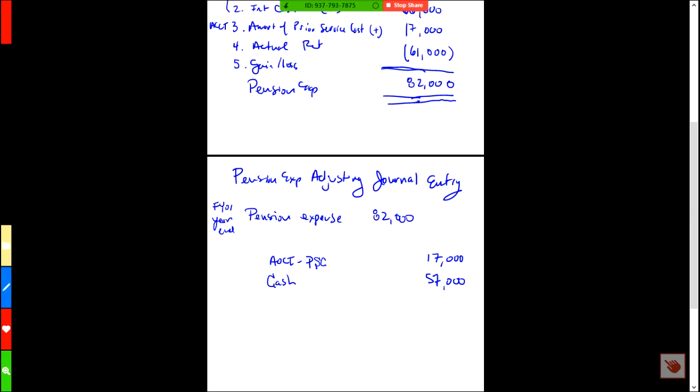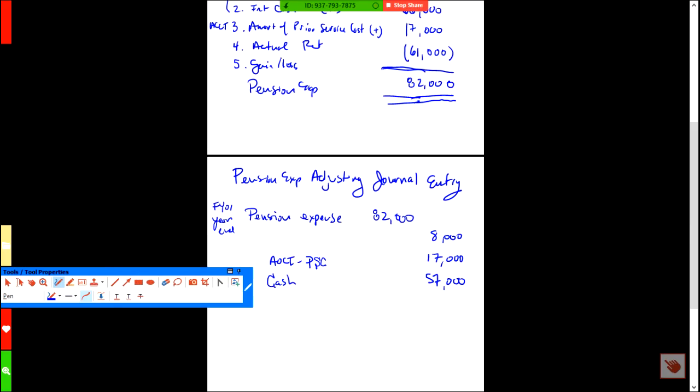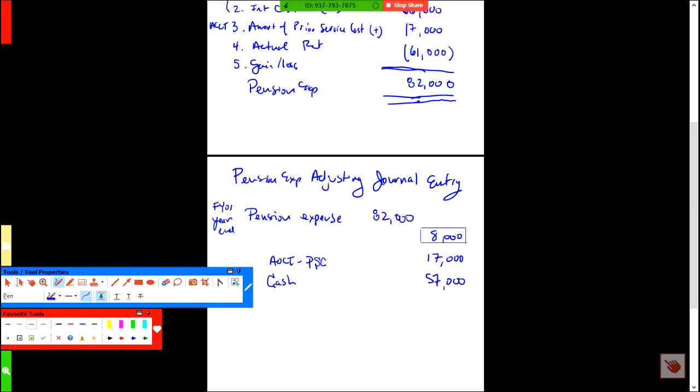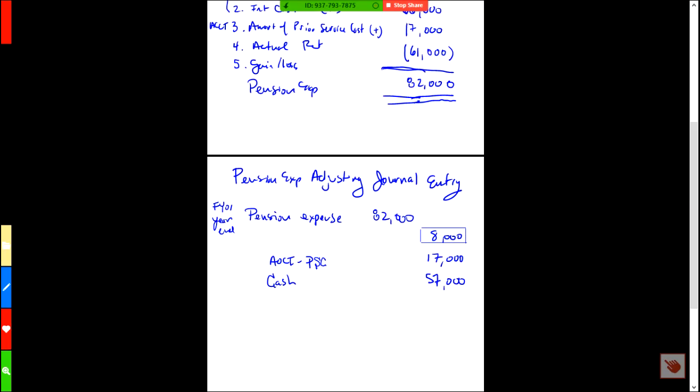So we have our pension expense, which we calculated, our cash, which was given, we have our OCI prior service cost, and if you put them all together, this is the plug number. That's our plug number there, 8,000.